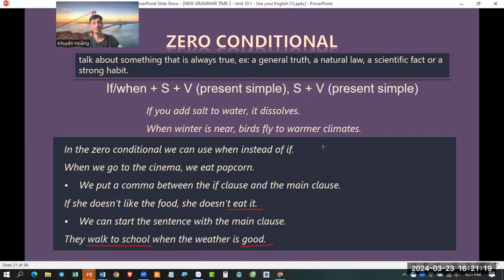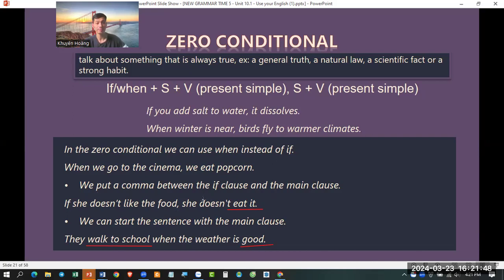It means we can replace the word if with the word when, right? So we are not forced to use if all the time. The second thing we need to know is we put a comma between the clauses.